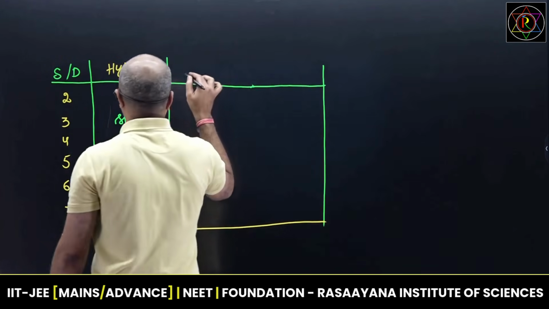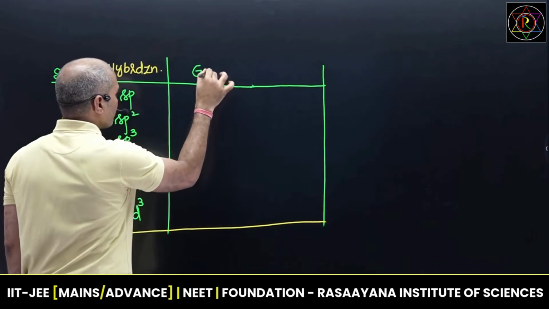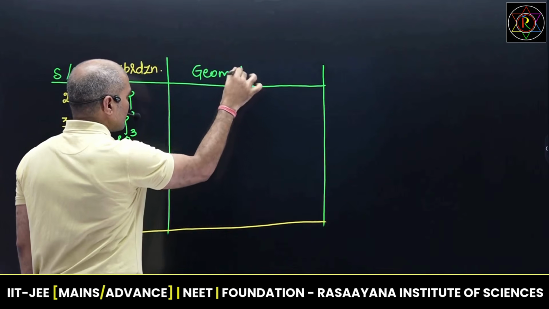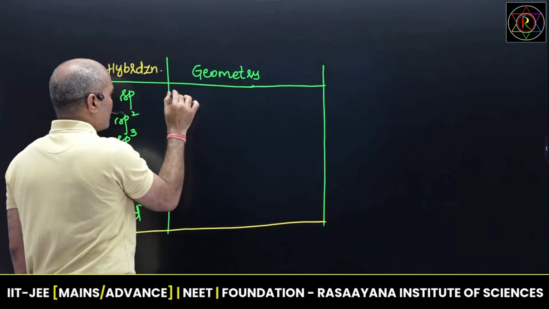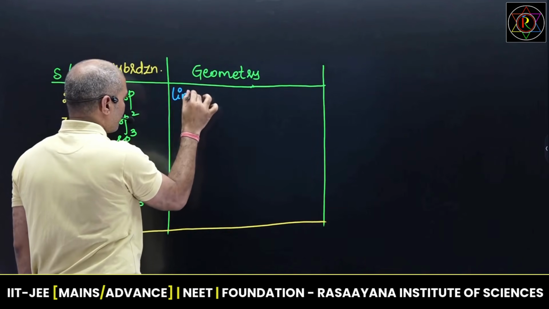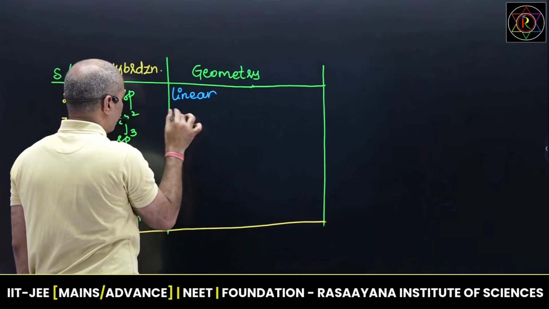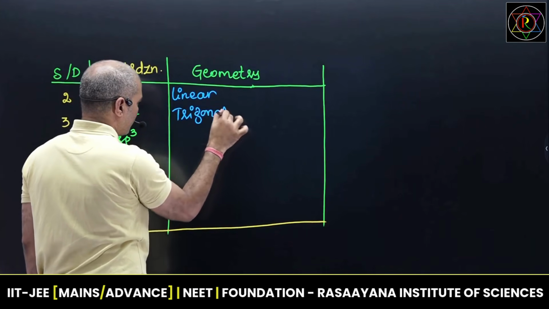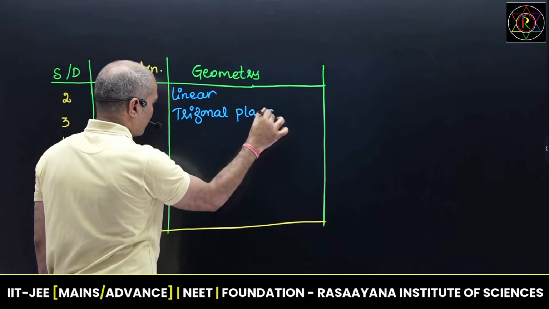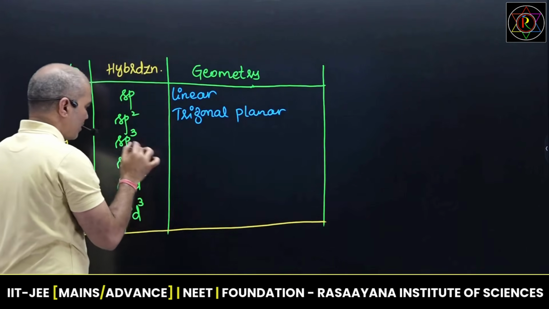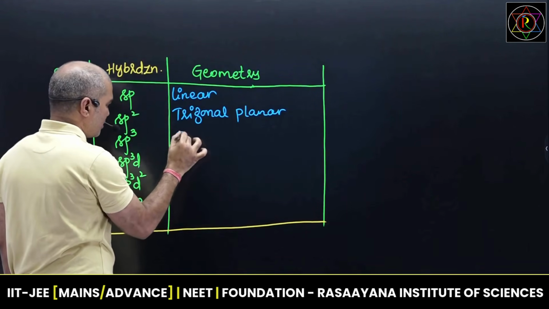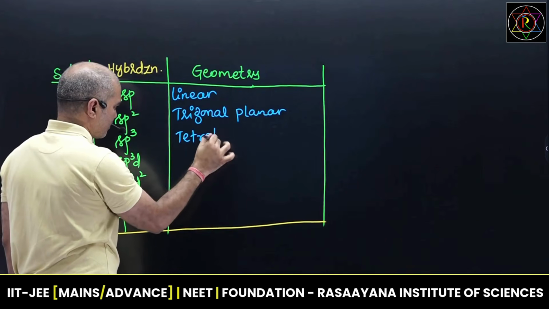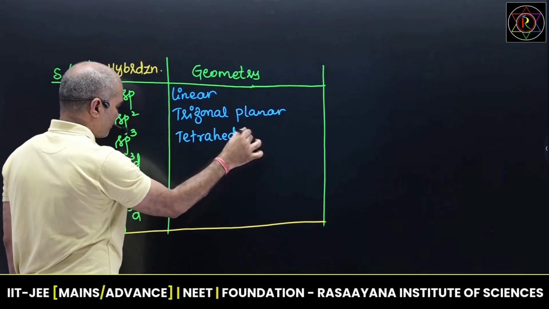So what are the corresponding geometries? For sp hybridization, the geometry will be linear. For sp2, the geometry will be trigonal planar. For sp3, the geometry will be tetrahedral.